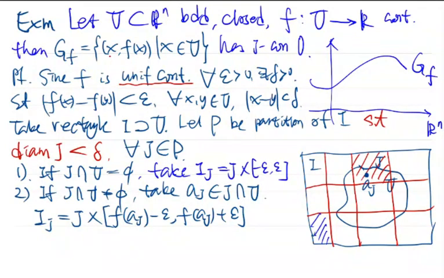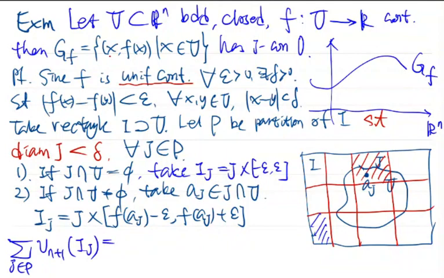Okay, so we see that every Ij is a rectangle in R^(n+1), and the total (n+1)-dimensional volume of such rectangles, for every J belonging to the partition P of I, is as follows.